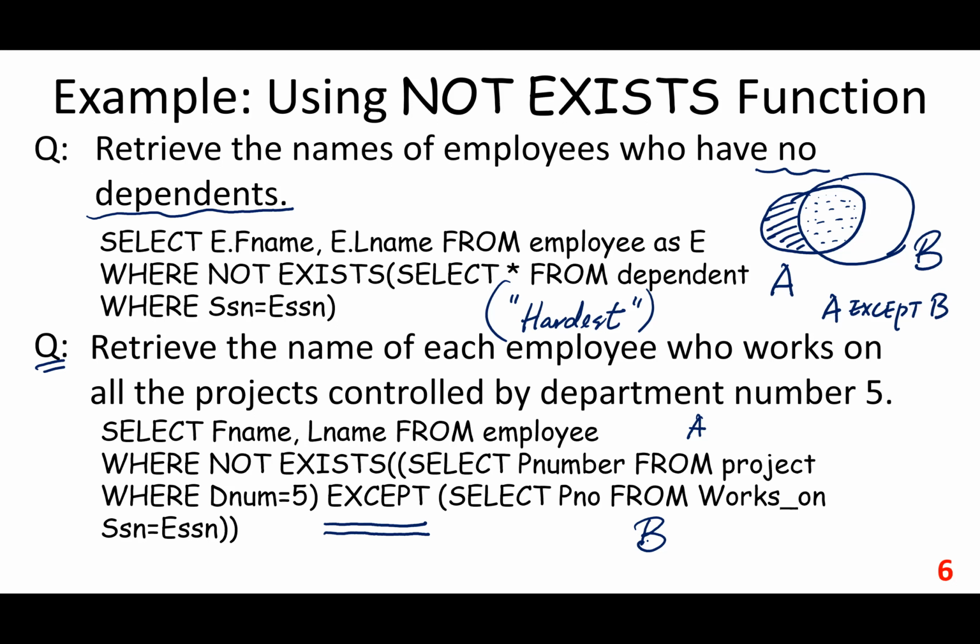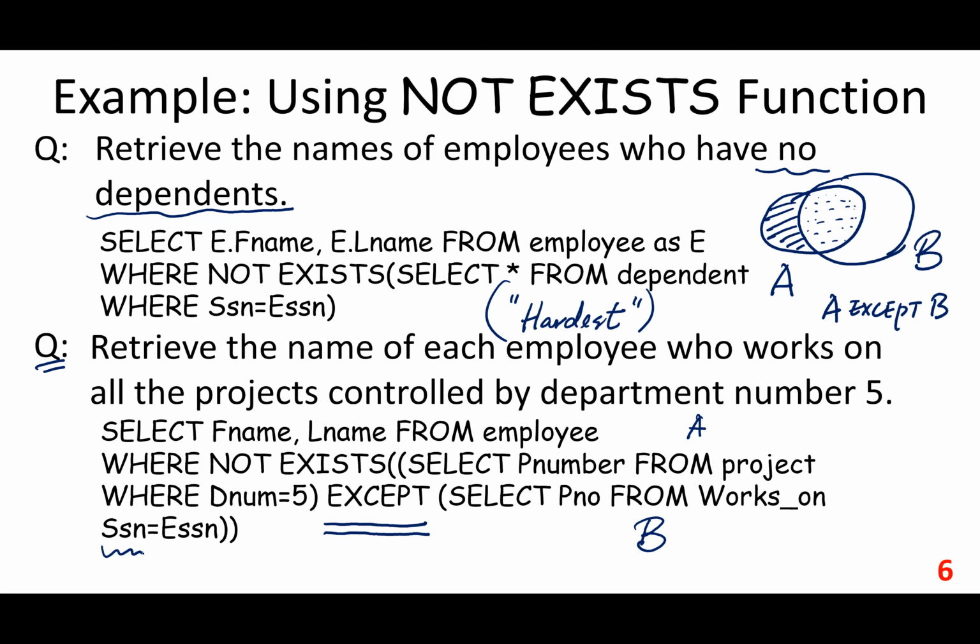Then the B set: all the project numbers worked by the current employee. Because in our outer query we select the current employee, this current employee's SSN is known. SSN is given, so we fix it.